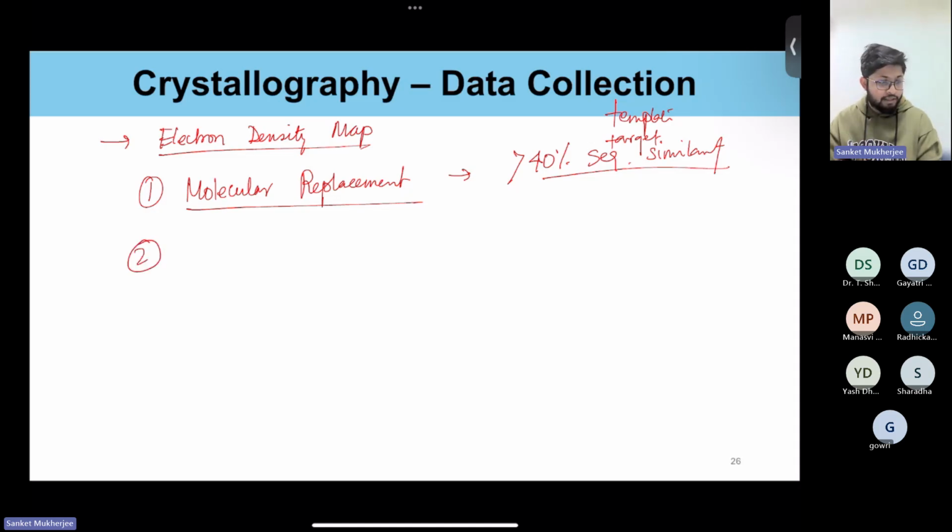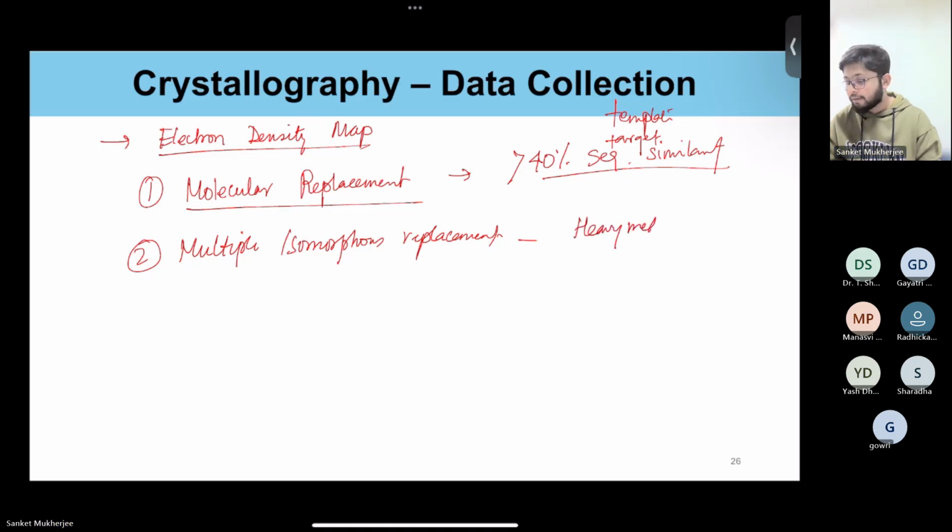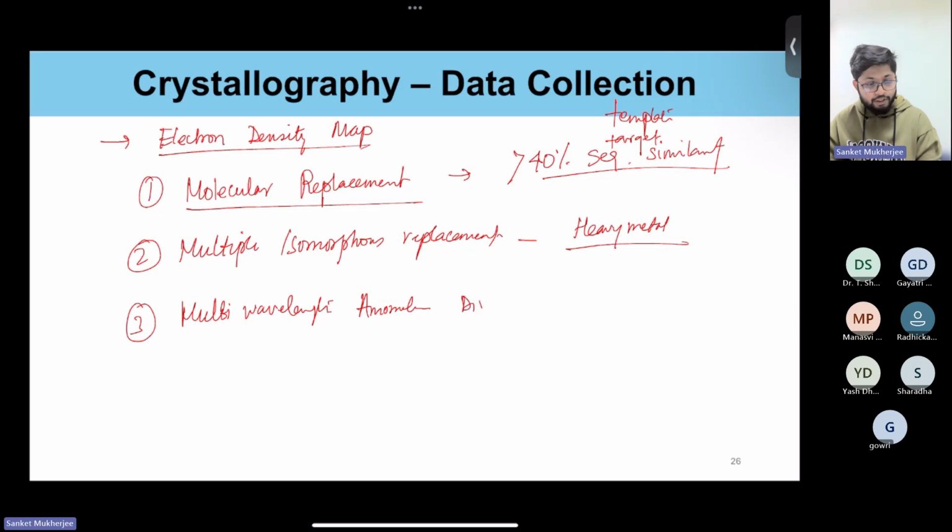Another way is multiple isomorphous replacement, where you essentially soak the protein in a heavy metal, which changes the diffraction pattern. Then there is another way, that is multi-wavelength anomalous dispersion.